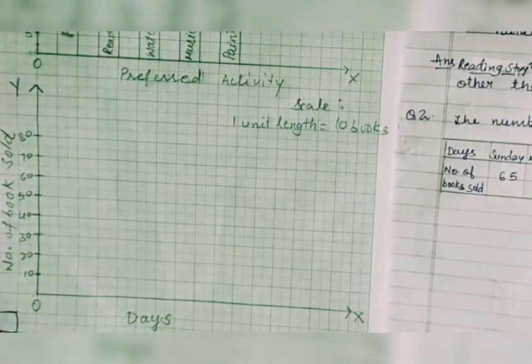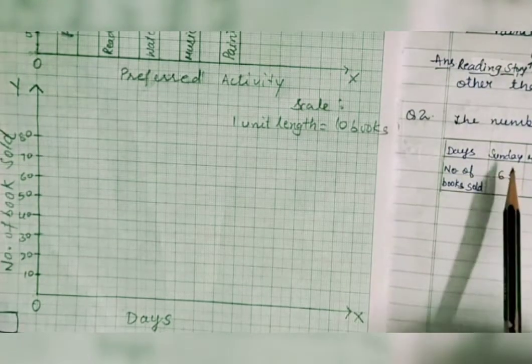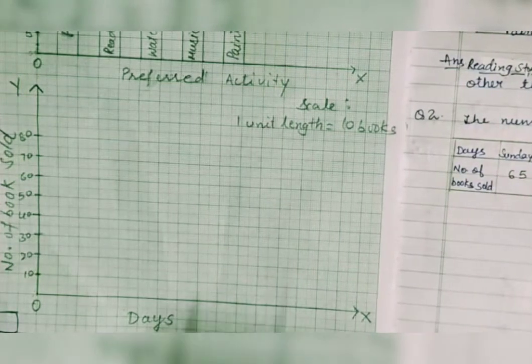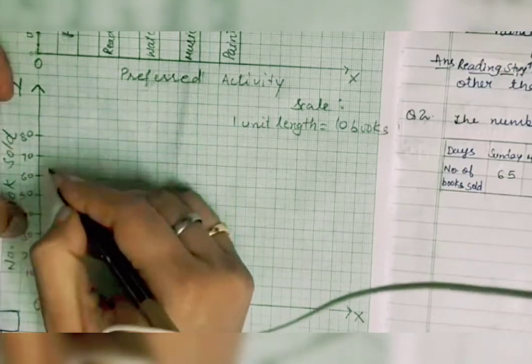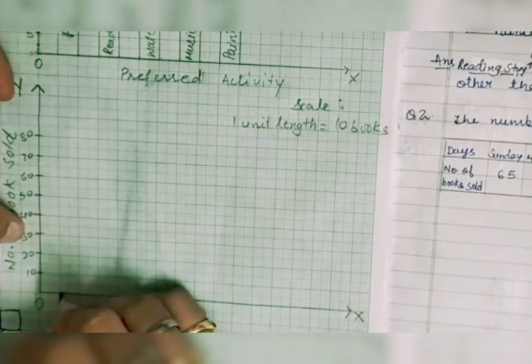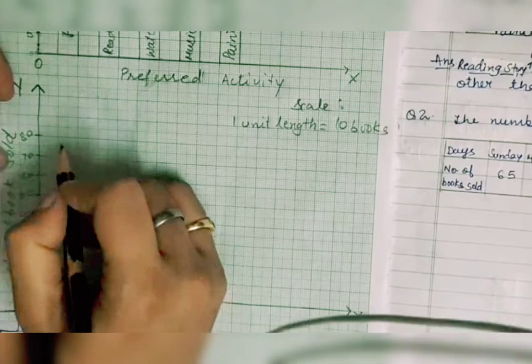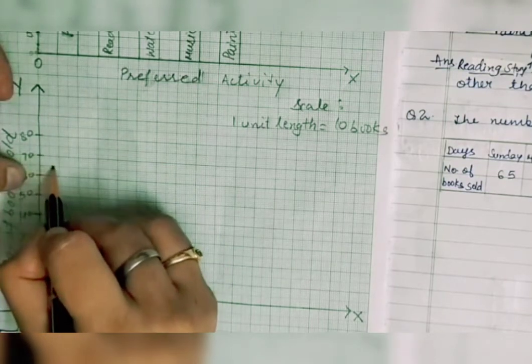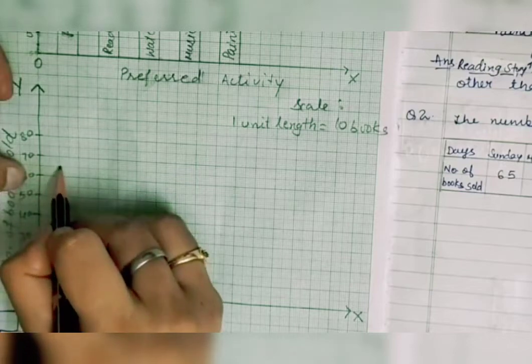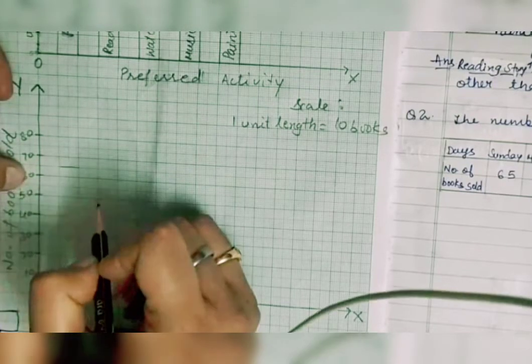Okay, now time to draw. So first of all, on Sunday, 65 books are sold. So where is 65 represented? We are leaving this blank. This is the space, and we make the first bar here. So 65. You can see this is 60 and this is 70. So this line represents 65.